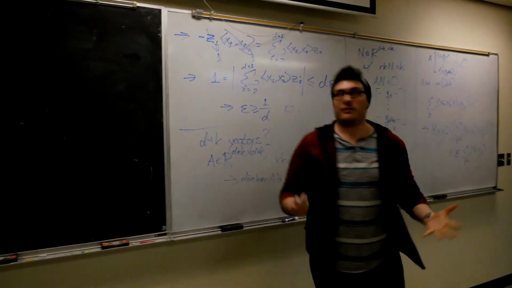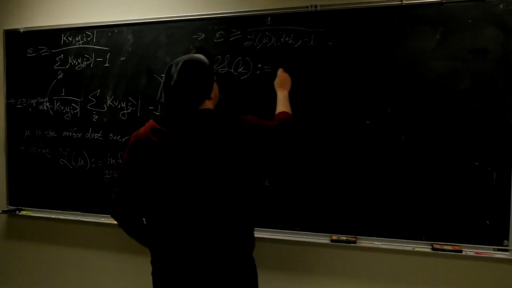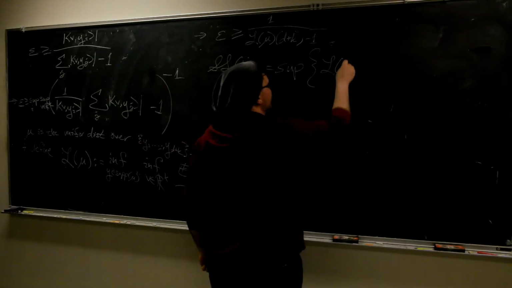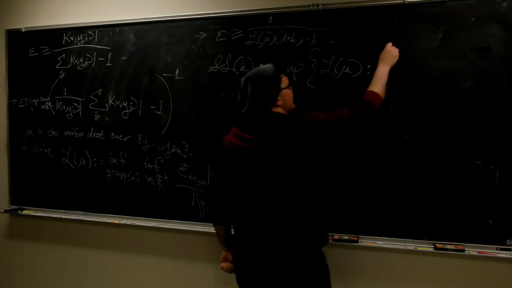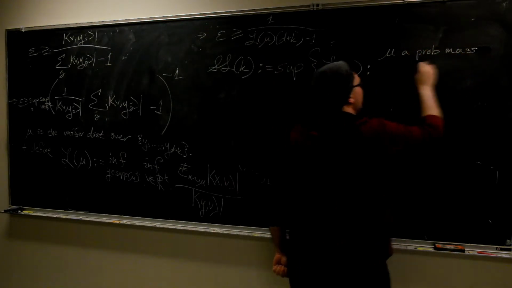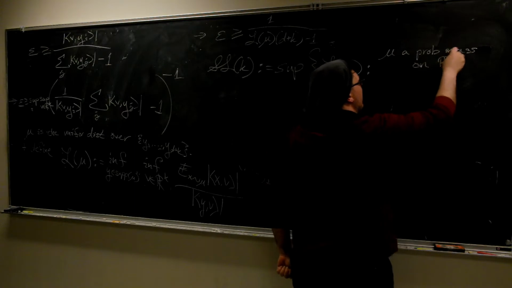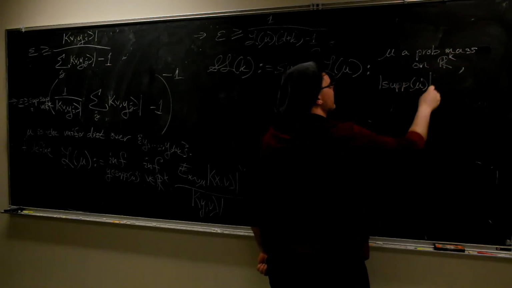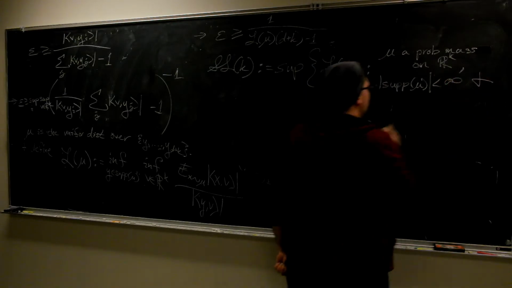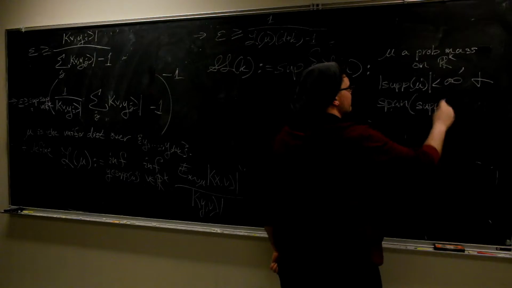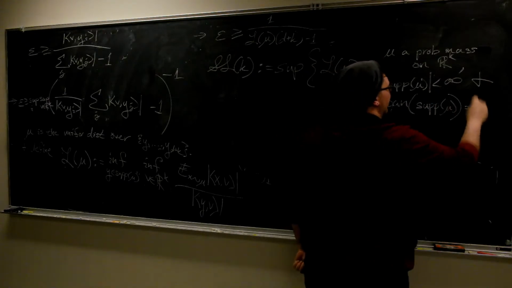So let's define it to be the supremum of all L of mu, such that mu is a probability mass on R^k, the support is finite, and the span of the support is all of R^k.